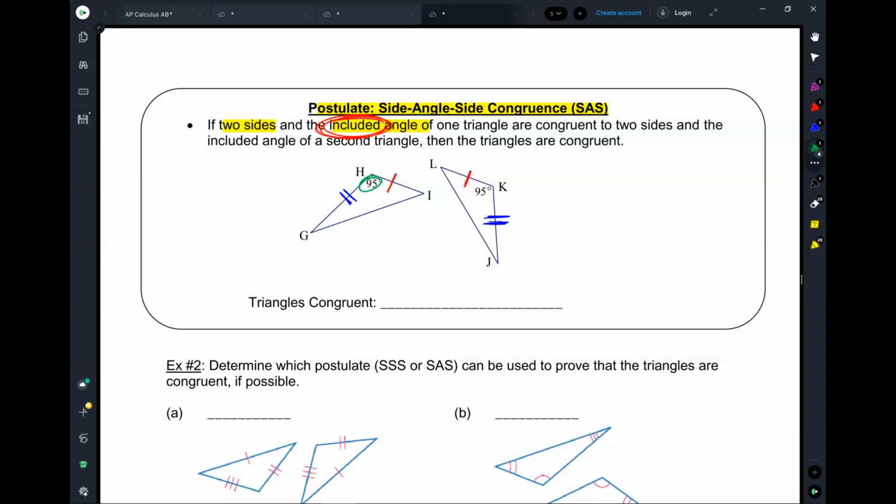You have one side equal to another side, second side equal to a second side, and then the angle in between. Do you see how that's SAS in that order? SAS without skipping over any parts, correct? So that's the SAS postulate.